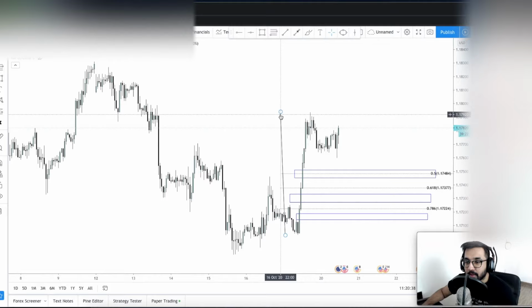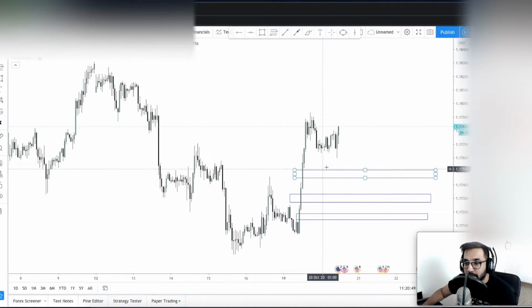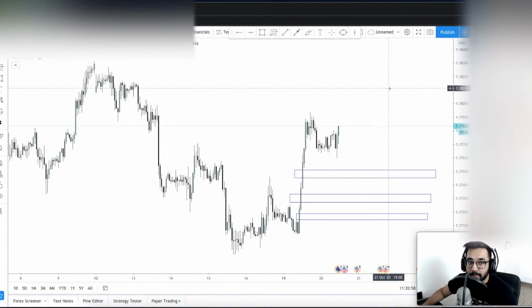In this scenario, you can do two things. You can either draw your Fibonacci and enter wherever you see the most important zones line up, or you can be patient and see where the market starts to create liquidity. For example, if the market starts creating liquidity above this entry zone and then dips into this area, that could be a potential trade.